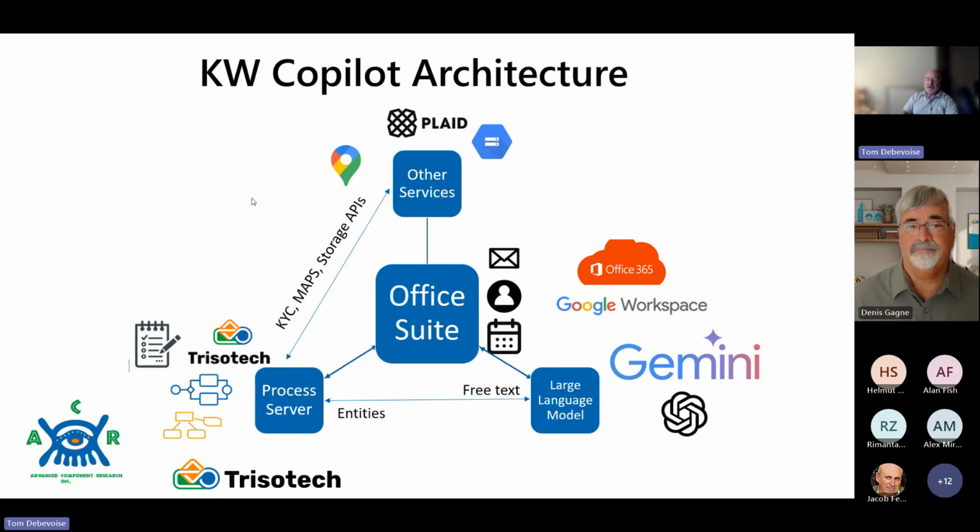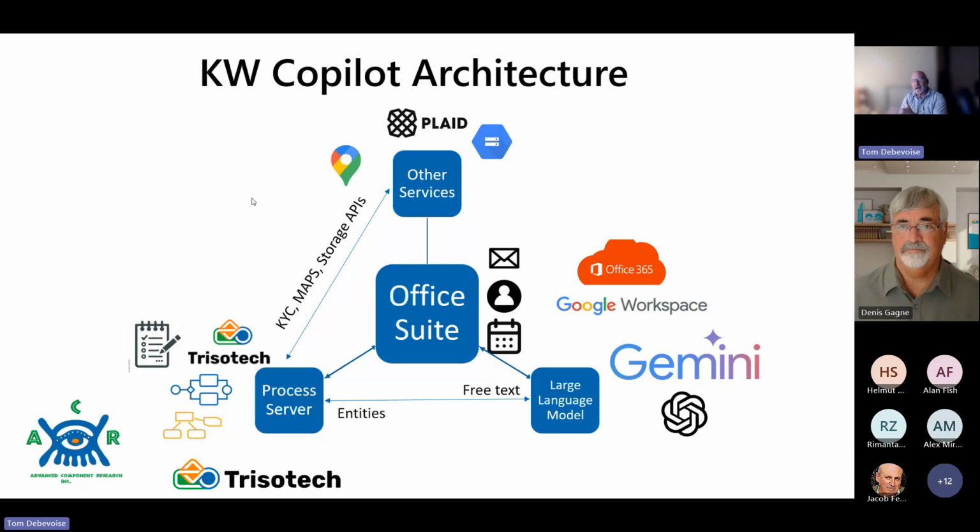There are other services that we need. For instance, there are a lot of addresses flying around whenever you are creating contacts, and we harmonize all the addresses through Google Maps, but you could have other APIs. And finally, if you're a Plaid subscriber, we can integrate Plaid information along with your KYC information, along with creating the contacts.